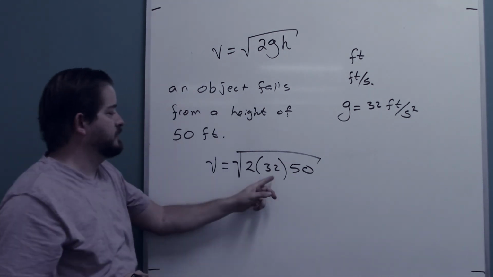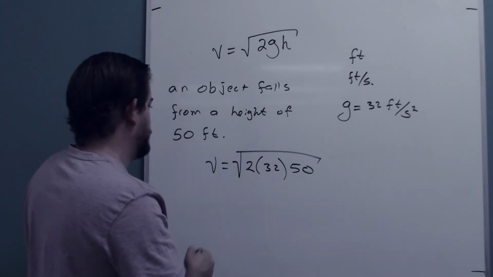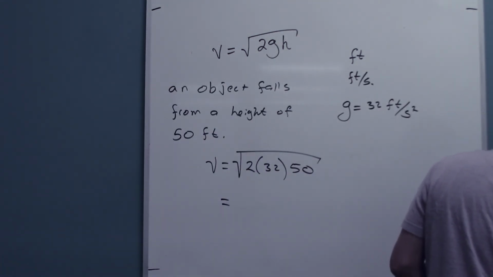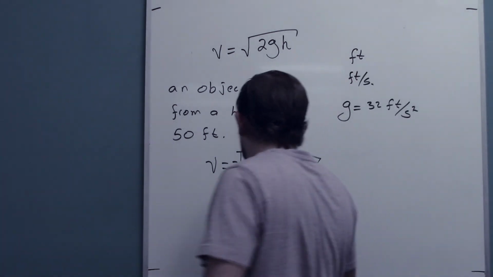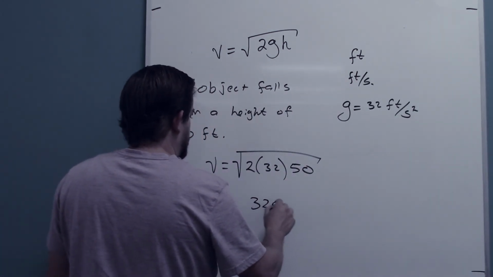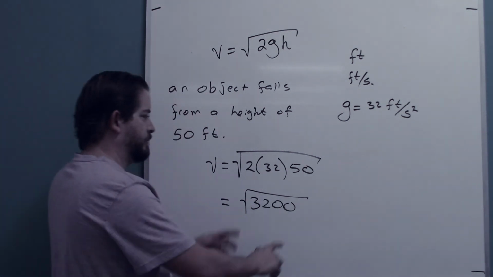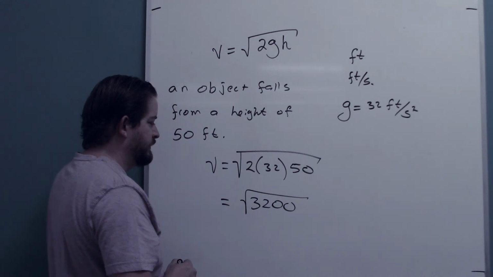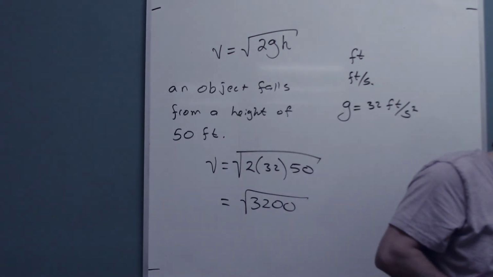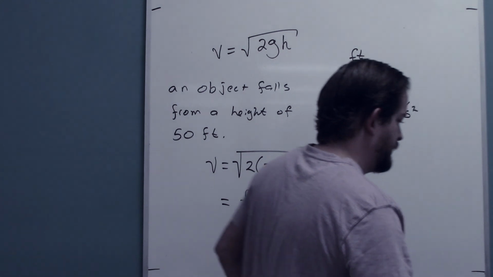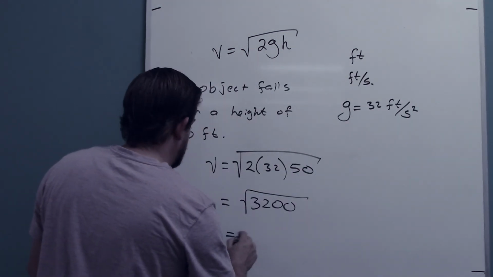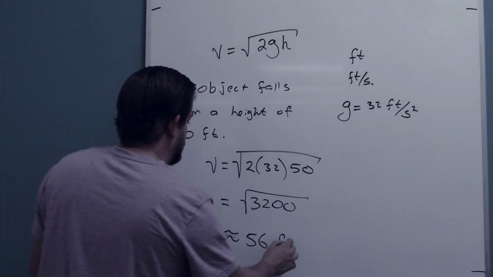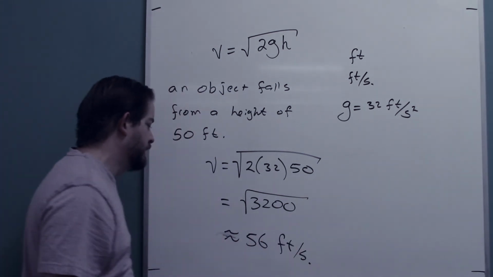So it's simply 2 times 32 times 50, and then square root that. So this is 3,200. Could have done that in my head. 2 times 50 is 100, times 32 is 3,200, but too late. And then the square root of that is about 56. That's feet per second, which is pretty fast.